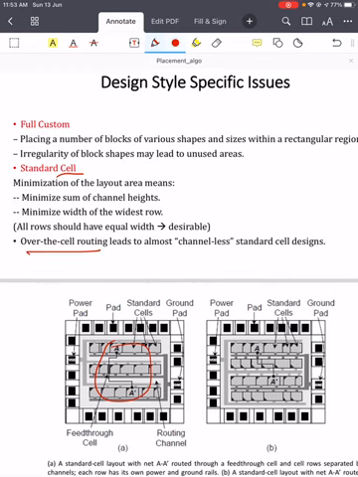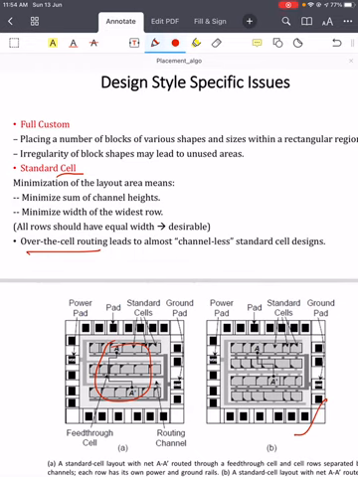We can observe the same thing here: when using OTC, there are no normal wires for interconnecting the cells in the channel, and we only use this routing channel region for running the power and ground rail. So these are the design style specific issues regarding placement and routing.